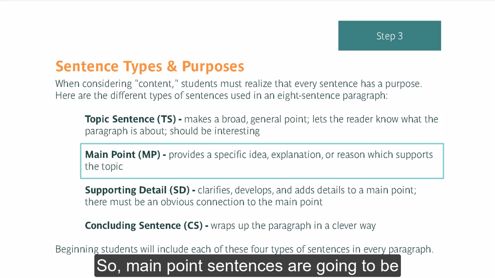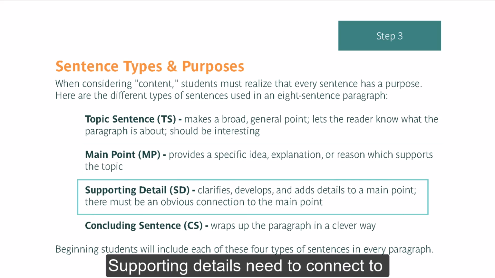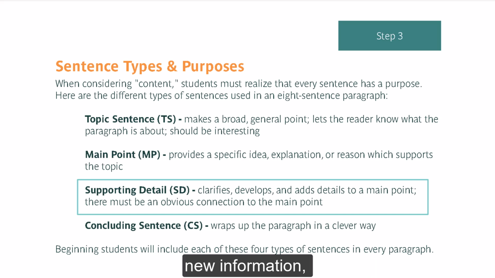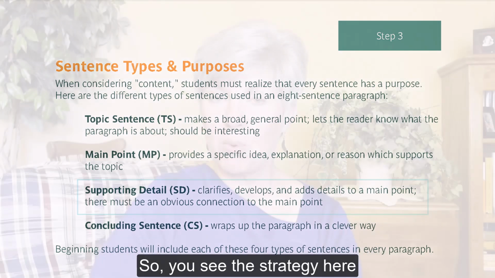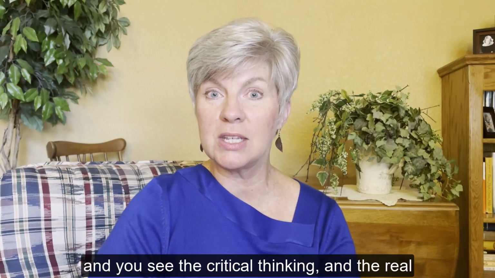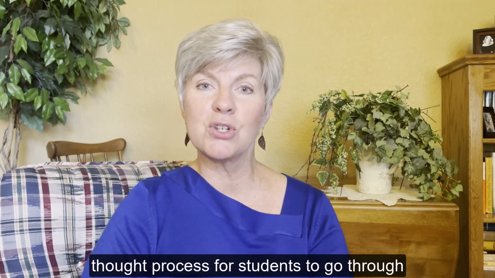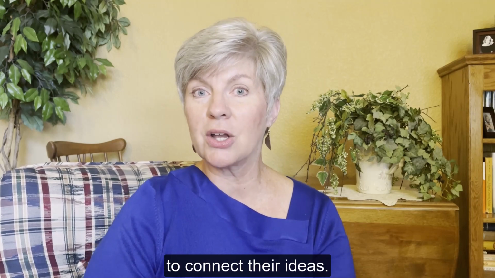So main point sentences are going to be simple and general. Supporting details need to connect to that main point, but they must add new information. Not simply repeating, adding new information and yet connecting to the main point. So you see the strategy here, and you see the critical thinking and the real thought process for students to go through as they begin learning how to connect their ideas.